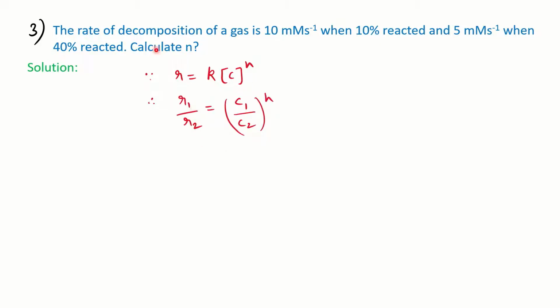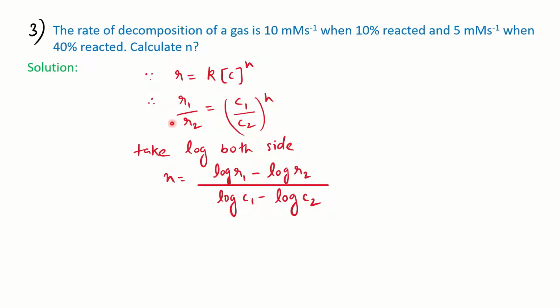Because two rates are given at two different concentrations, you can make this formula: R1 divided by R2 is equal to C1 divided by C2 raised to the power n. Where the data is given to you, all four, you can calculate directly by putting the figures here and calculate n. Or else you can take the logarithm of both sides and finally you can bring out this formula where n is equal to, after solving, log R1 minus log R2 divided by log C1 minus log C2.